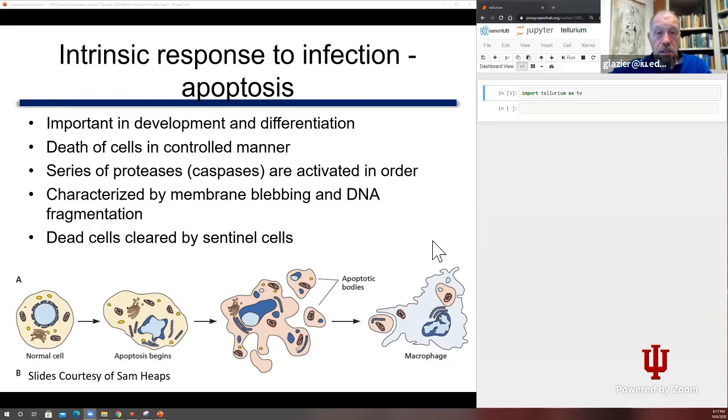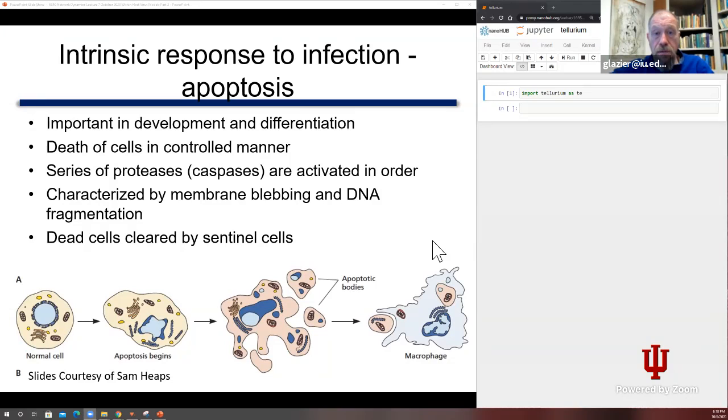During apoptosis, the dead blebs of the cell typically are surrounded by membrane, and so the cytoplasm of the cell and the RNA and DNA in the cell aren't released directly into the extracellular environment. Those membrane-surrounded blebs, what are called apoptotic bodies here, are picked up by macrophages, and the macrophages process those and become antigen presenting cells.